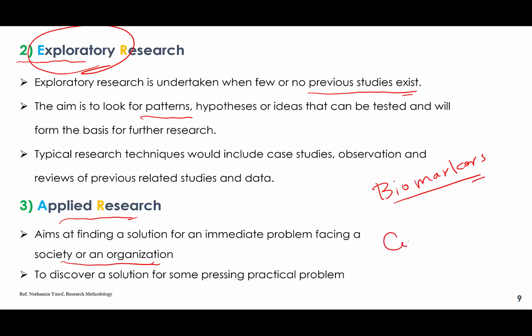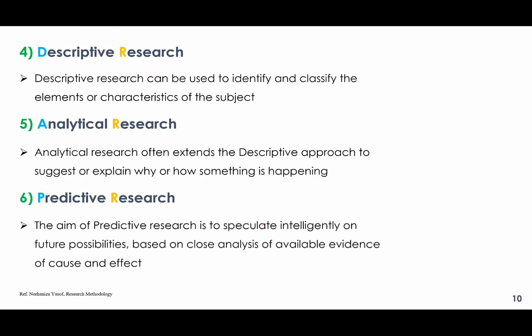For example, when the COVID-19 pandemic happened, many applied research studies began. For example, finding pharmaceutics and drugs for this disease, and also some research for early diagnosis and treatment. These are applied research to discover a solution for some pressing practical problems.